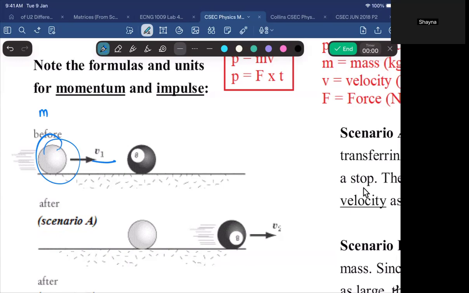Would you want the balls to have the same mass or a different mass? Same mass, because if the eight ball was heavier than the white ball, it would move at a lesser velocity. Yes, sir. So these two have to be the same mass, so the final velocity will be the same.